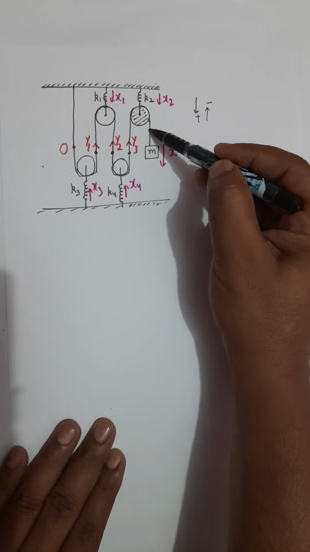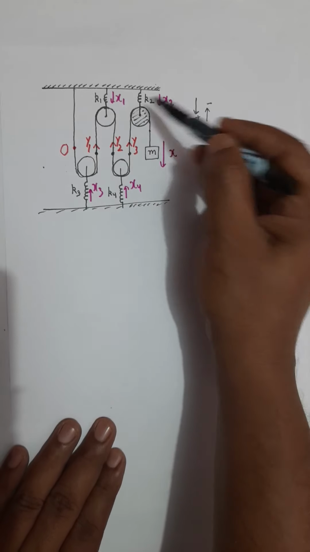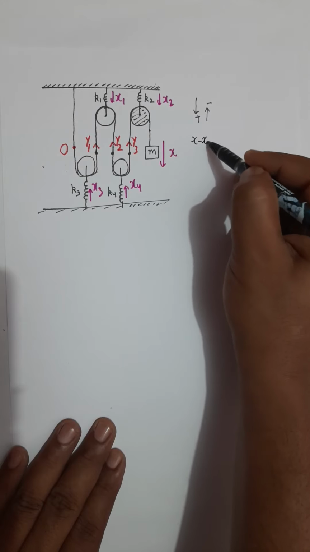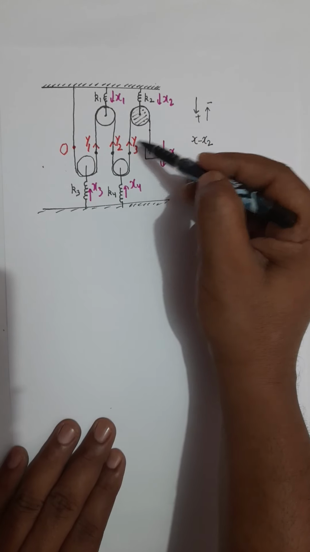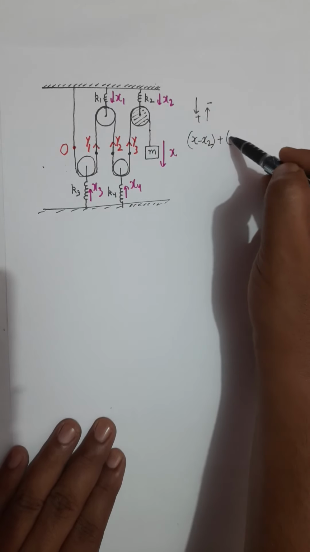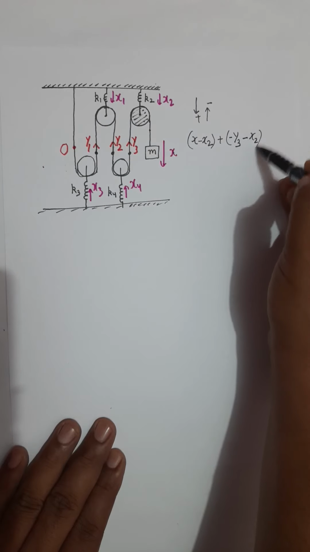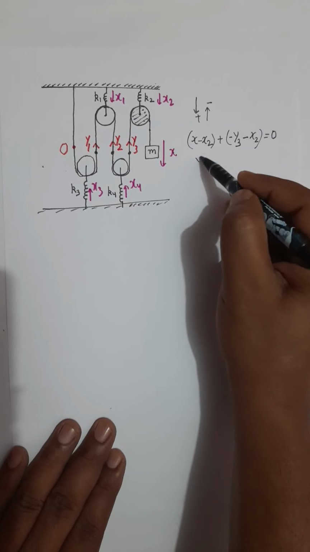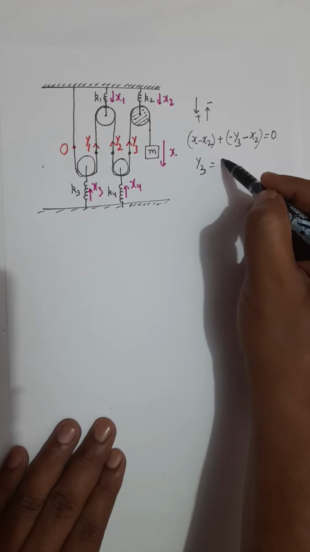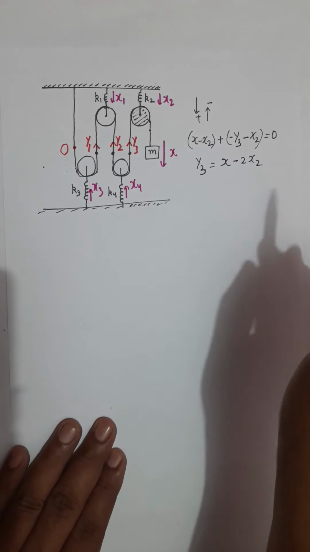So for this pulley on the right hand side, the relative displacement will be written as x minus x2. On the left hand side, y3 according to sign convention will be minus y3, and minus this pulley displacement, which is x2, you will write it equal to 0. You get the value of y3 from here, which is x minus twice x2.